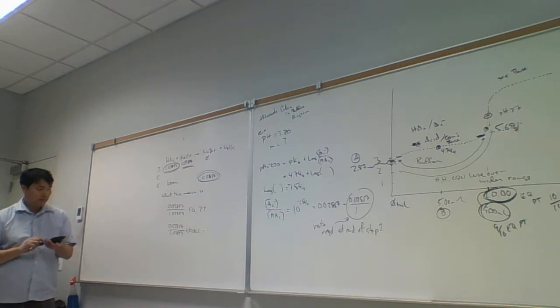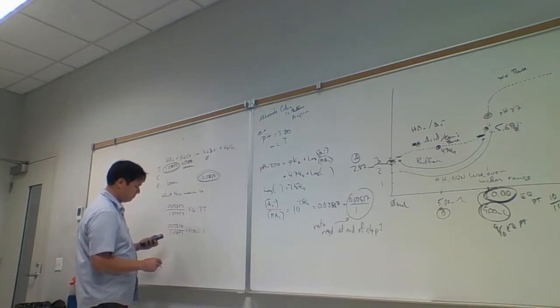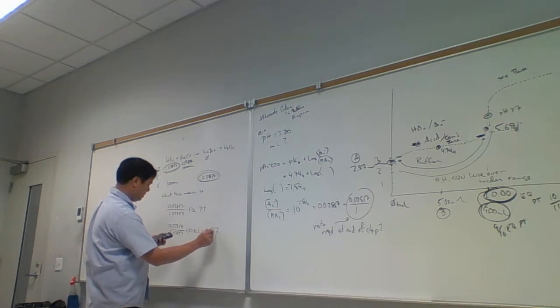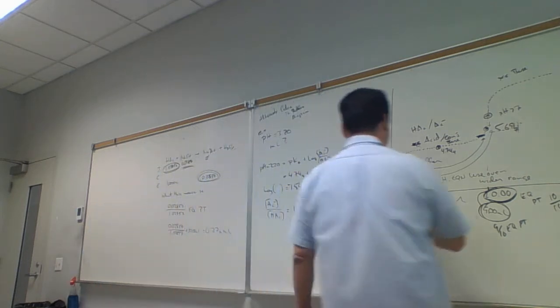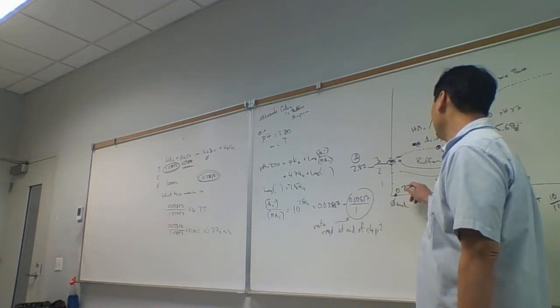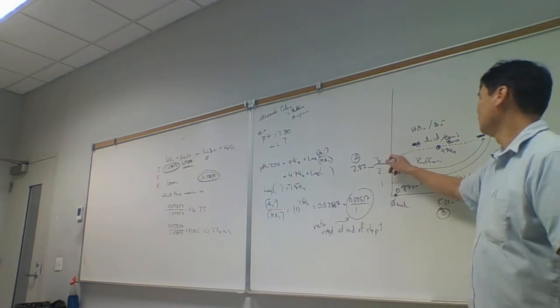And what does it give me? 0.277 milliliters. By the time I hit 0.277 milliliters, or about 0.28 milliliters, I'm going to be at a pH of 3.20.